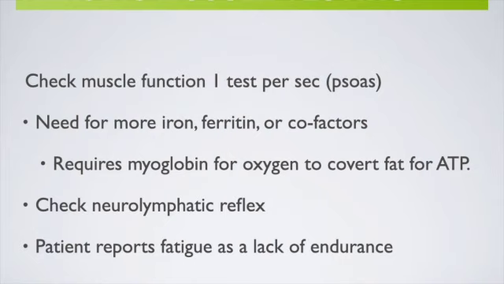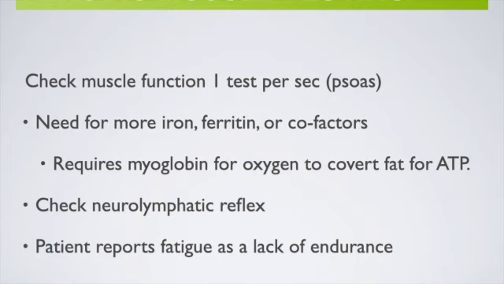So, for example, with aerobic, the way we test for aerobic function would be to test at about 1 test per second. So, for example, we would test a psoas, but we would keep testing it, 1,000, 2, 1,000, and see if it could make it to about 20 repetitions before it started fatiguing.